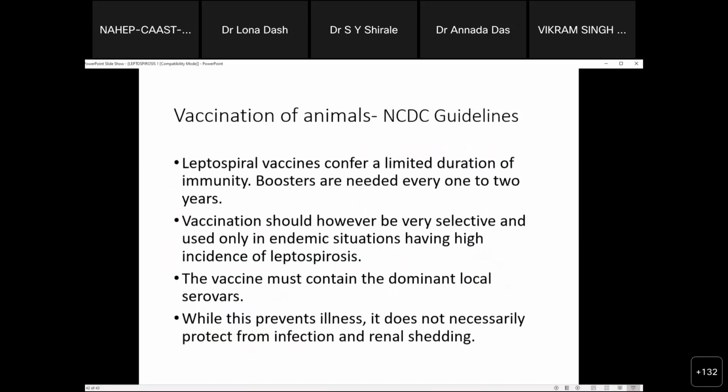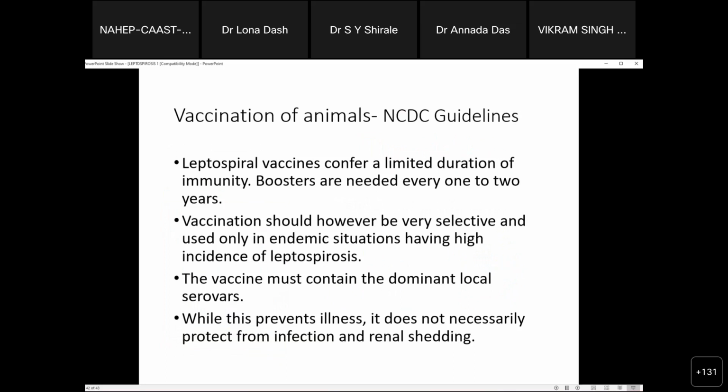There are about 10 referral laboratories in India for leptospira diagnosis, and probably the first one was at Port Blair, the Regional Medical Research Center, which is the ICMR and government referral laboratory for leptospirosis.